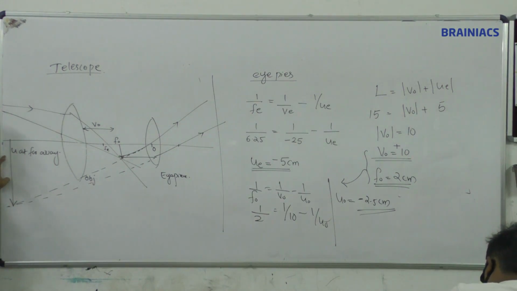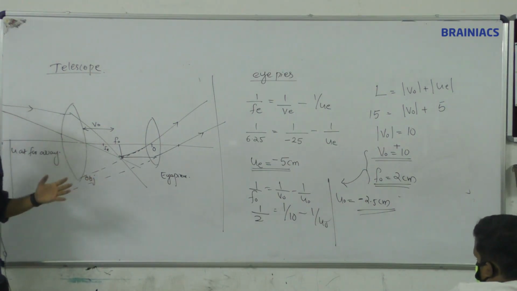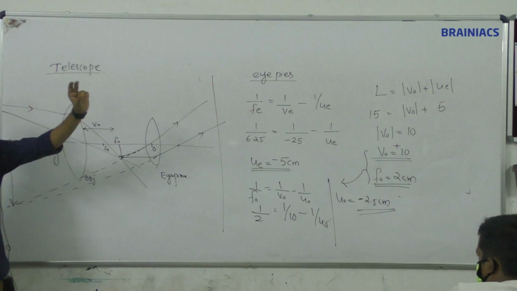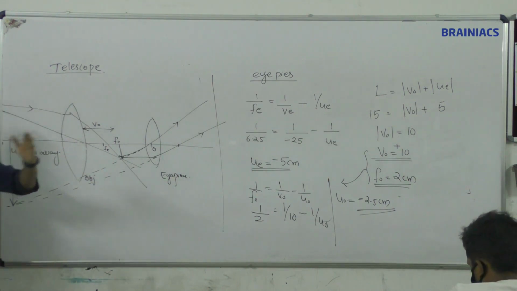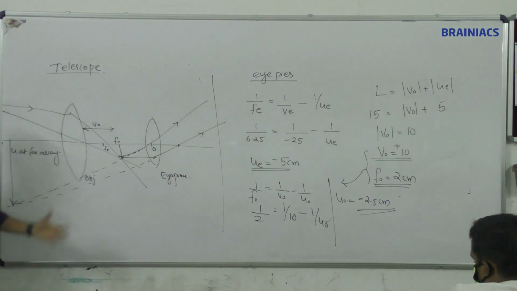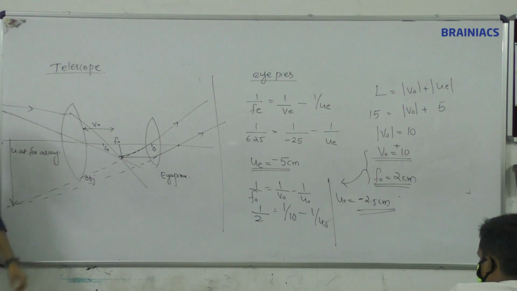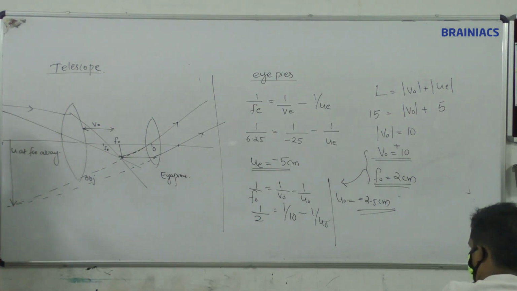So here the magnification value of the telescope is not that high. That's the purpose of a telescope. If you look from here at a star, you can see a dot. But if you look through a telescope, you can see the real star structure. That's the difference.